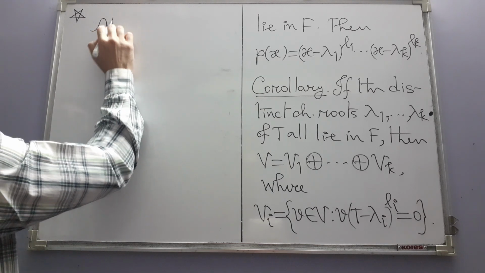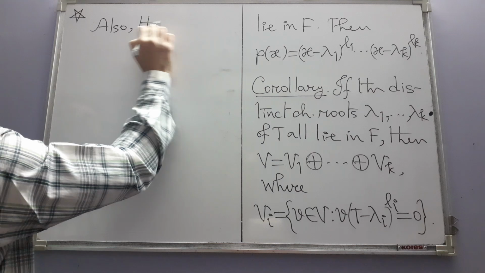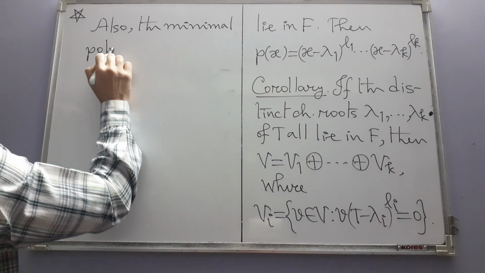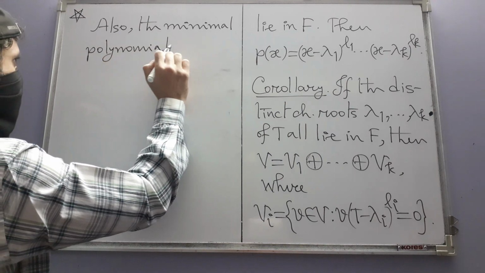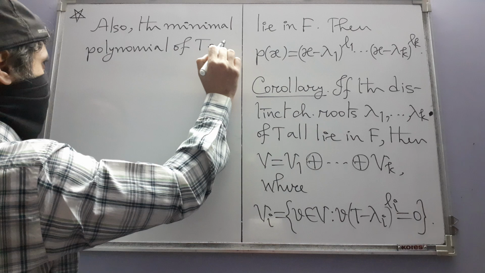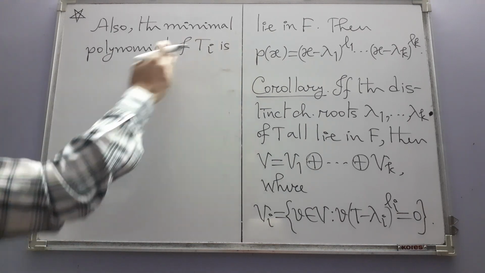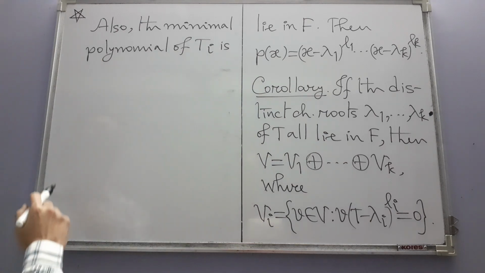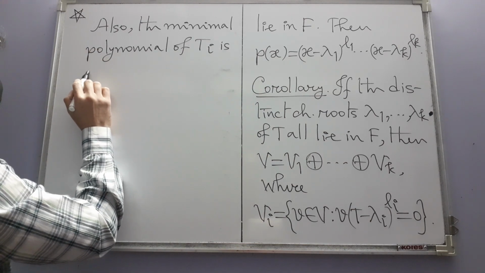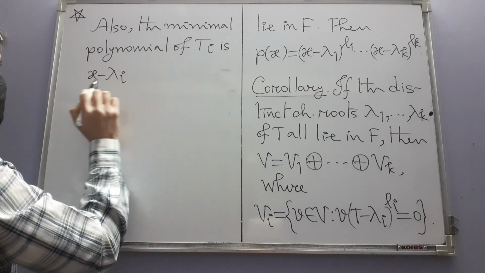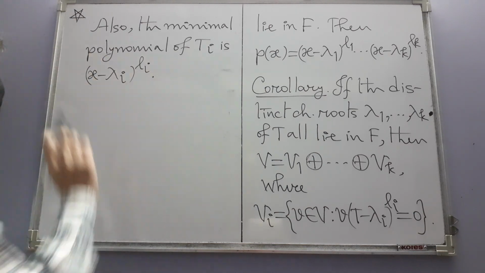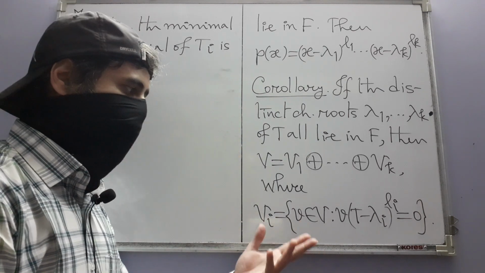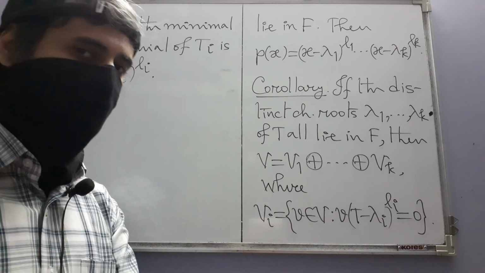Also, the minimal polynomial of T_i is, the author in fact again says what the T_i's are, but I am not repeating it because we are having the discussion. No, we know what T_i is. And the minimal polynomial is this. Okay, so this is how the corollary looks if all the characteristic roots of an operator lie in the underlying field.